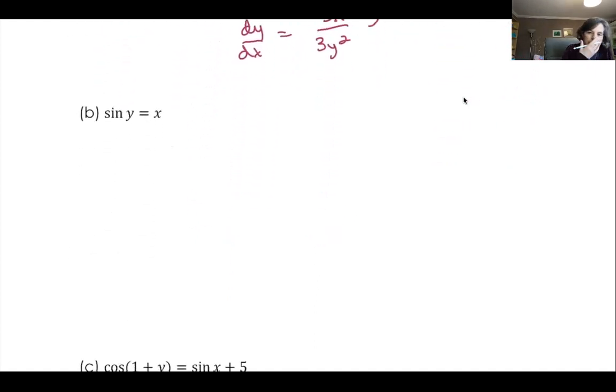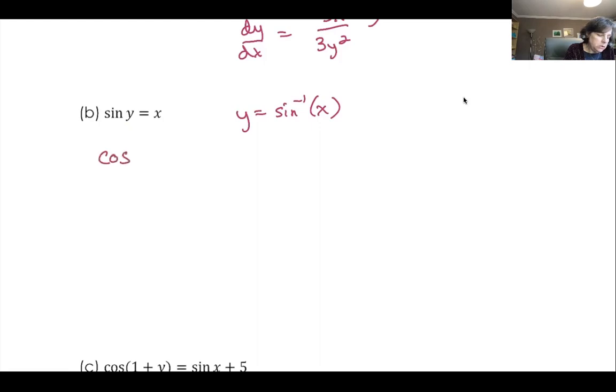Okay, sine of y equals x. Notice if you were to solve for y here, you would be using arc sine. If you guys remember that. And at least right now, we don't even know how to take that derivative. So we're certainly going to need to use implicit differentiation here because we can't really, at this point, solve for y and know how to do that. So sine of y is like sine of goobly.